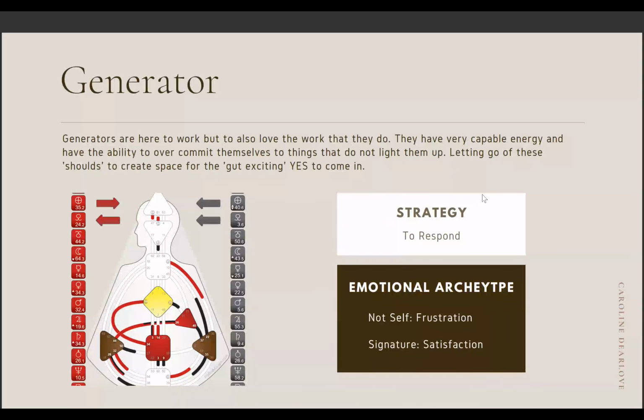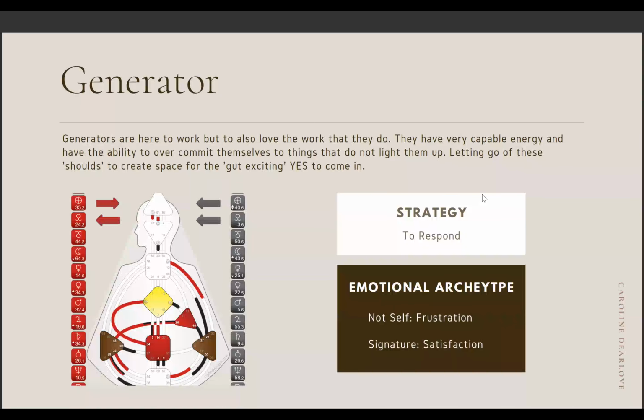So satisfaction for me is really kind of like the stomach, the belly, because we're talking about the sacral center here. We want to switch the sacral center on. How are we going to do that? We're going to do that by literally satisfying our stomachs. Okay. So when we're connecting to satisfaction, we're going to be turned on. We're going to be lit up.